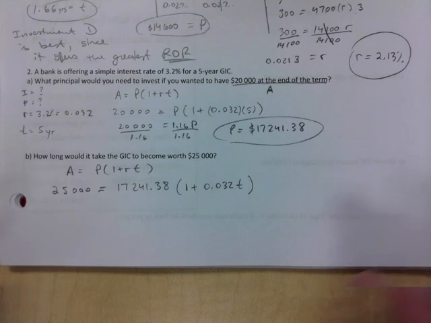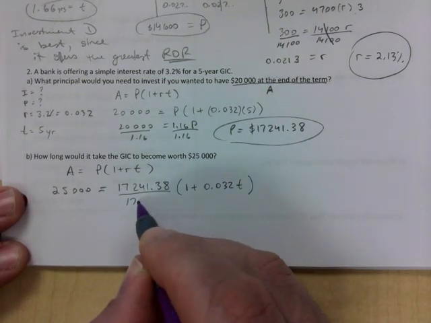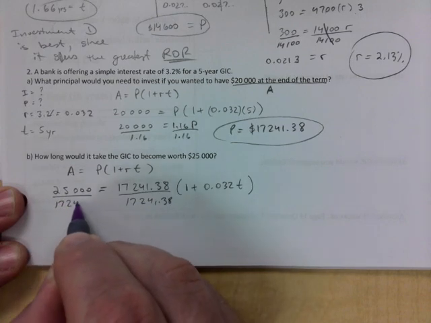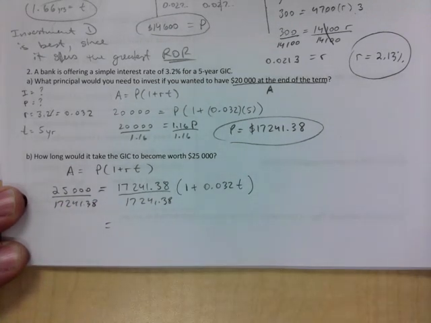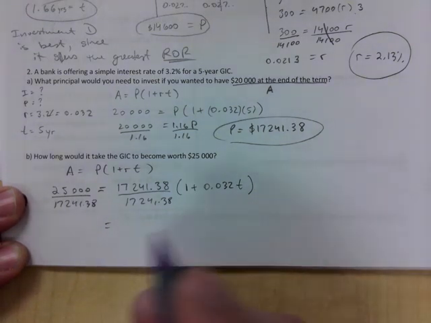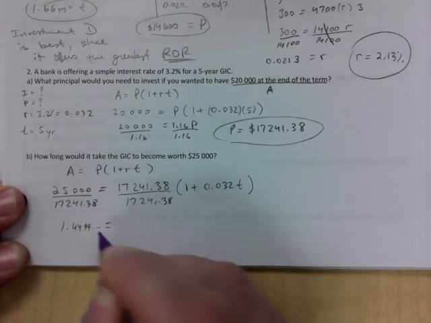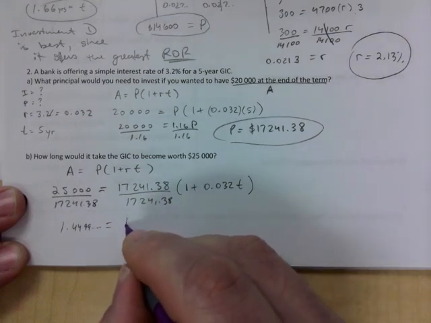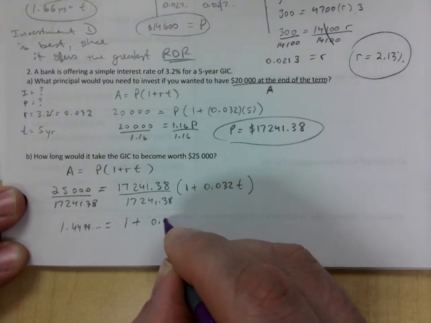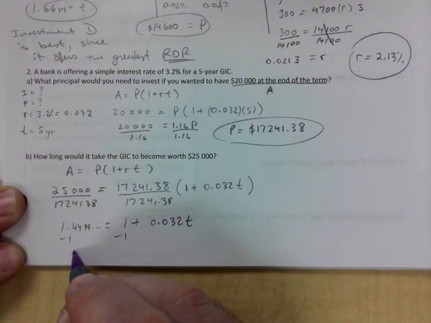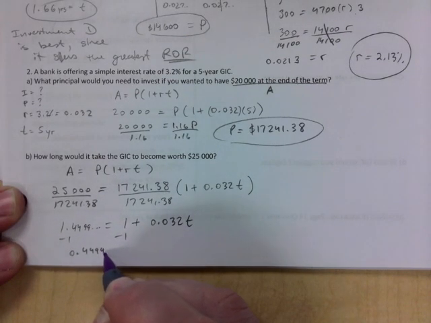It's going to be a little bit more work. Divide it like this. So you go 25,000 divided by 17,241.38. That's 1.4499 dot dot dot. And on this side, you're left with 1 plus 0.032 t. I will subtract 1 from both sides, leaves you with 0.4499 dot dot dot.